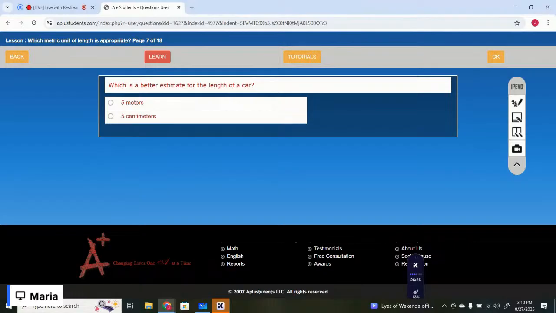Which is a better estimate for the length of a car? 5 meters or 5 centimeters.